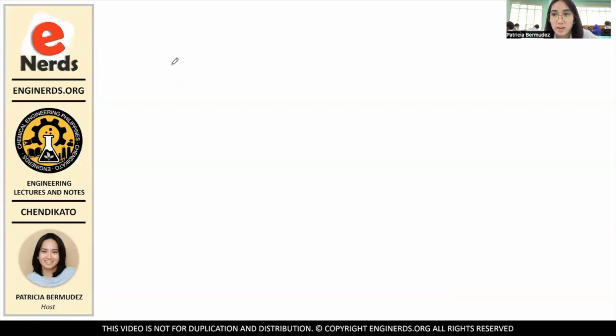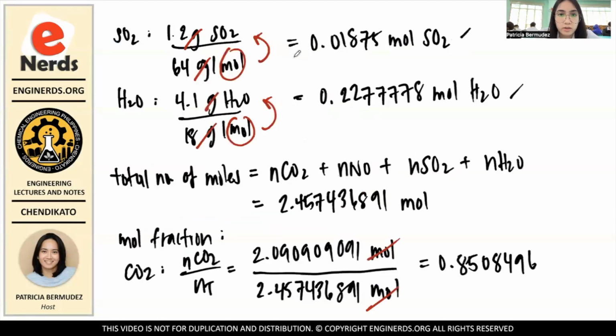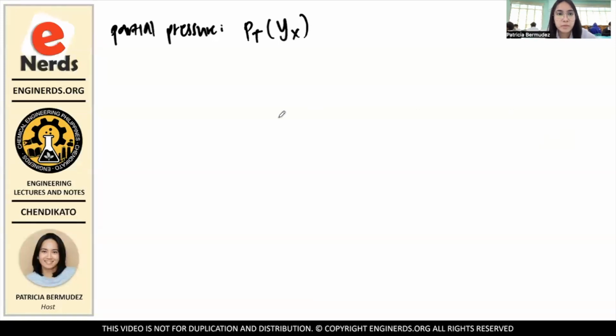And now we just have to calculate the partial pressure of each component. So partial pressure is equal to the total pressure times the mole fraction of the component. And these are the mole fractions that we have found earlier. This one, this one, this one, and this. So we just calculate the partial pressure now.